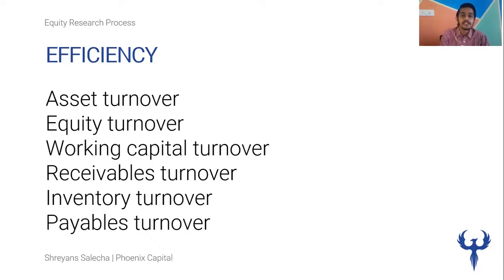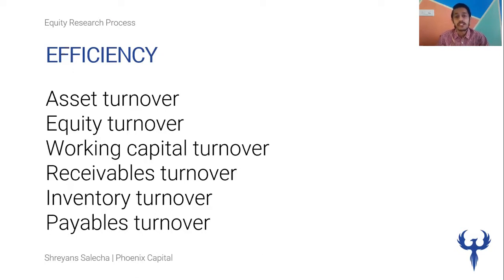Inventory turnover is calculated as the cost of goods sold, or it could be the cost of purchases, upon inventory. With payables also, we can have cost of goods sold upon payables, or the cost of materials purchased upon the payables.